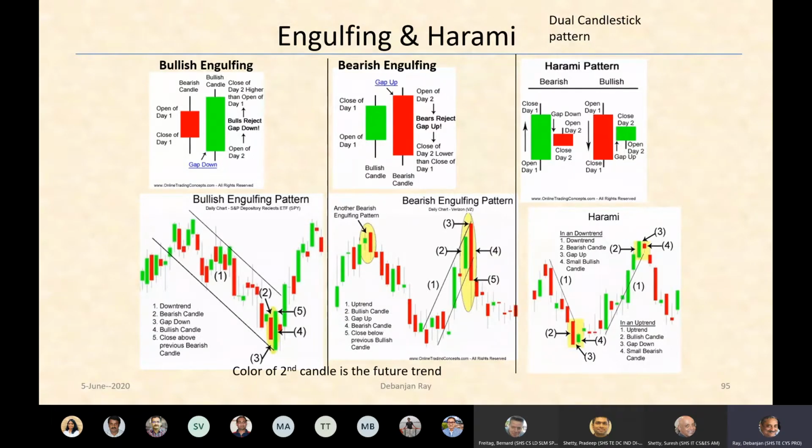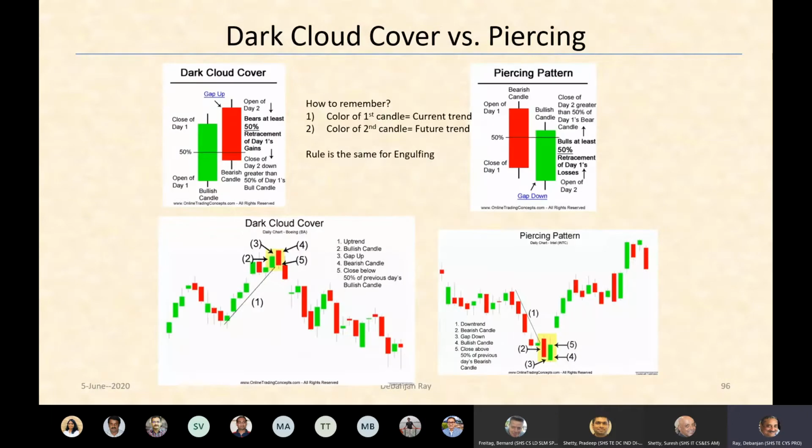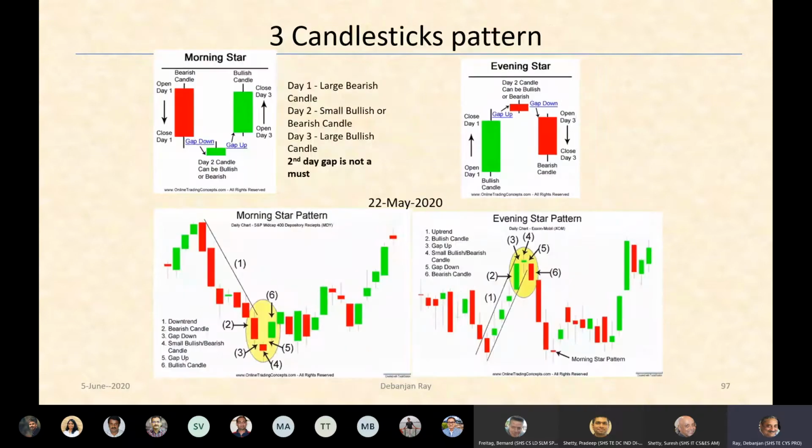It will typically guide you on which particular date to buy a stock. And then we have seen the dark cloud cover versus piercing, which is similar to the previous one, but a little bit overlapping. It is not fully engulfing. But the result will be the same.